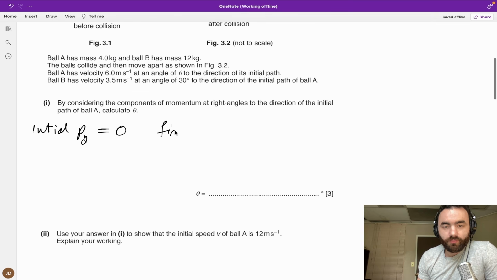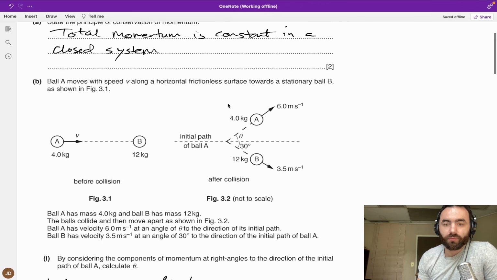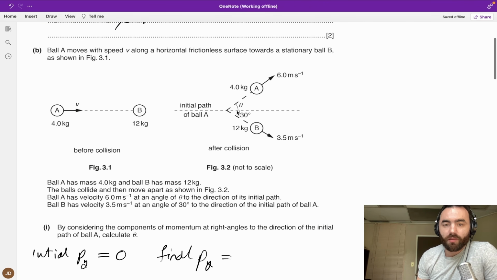The final momentum in the y direction, what does this equal? Well, this is going to equal the sum of the y components of the momentum of A and B. So for A, this momentum vector will be made up of an x and y component, right? Here and here. So this is py. And what is py?